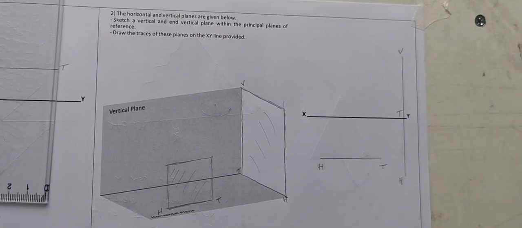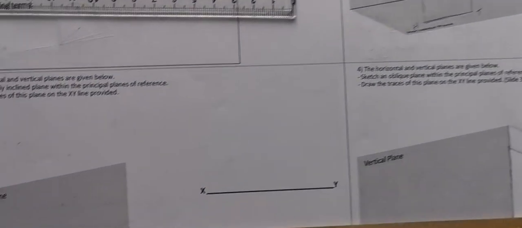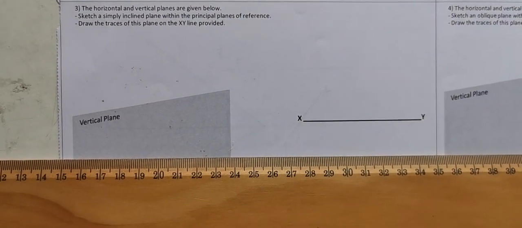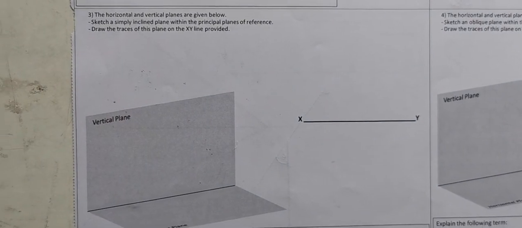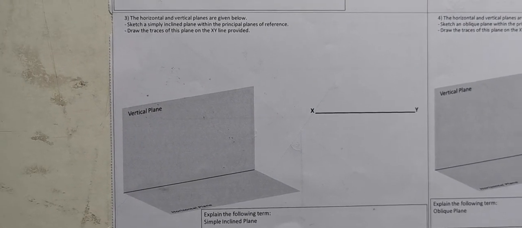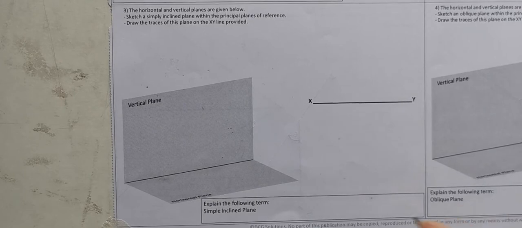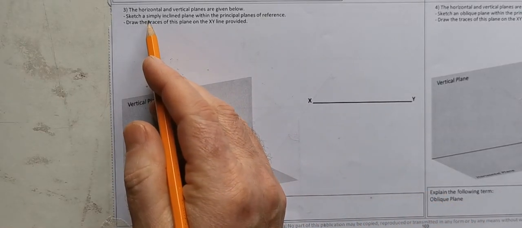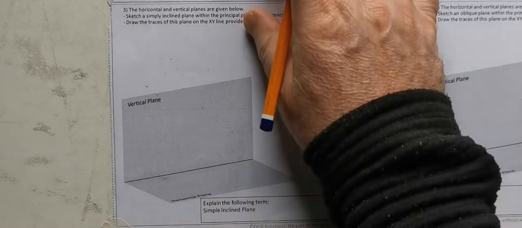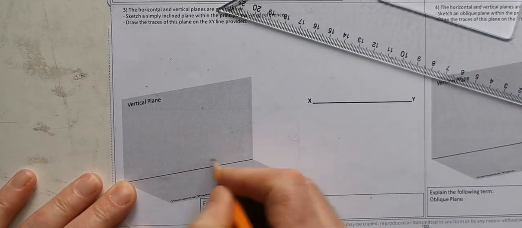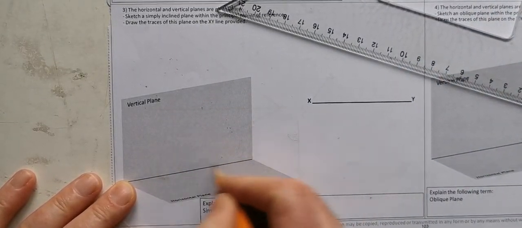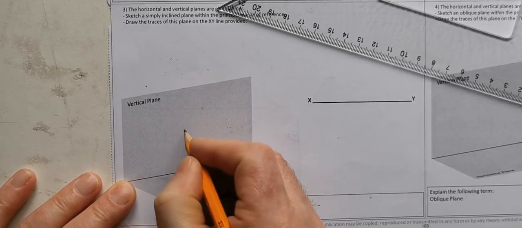And so moving on to 3. They asked for a sketch of a simply inclined plane. A simply inclined plane is basically like leaving a plank of timber up against a wall or something like that.